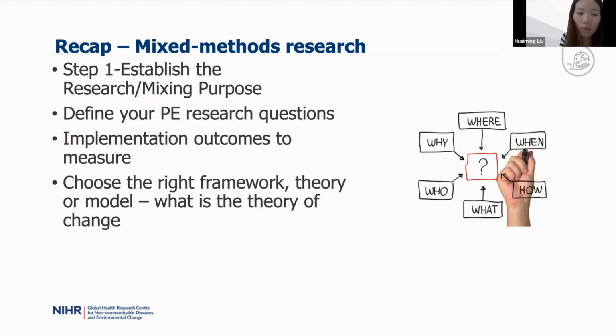You should also consider the implementation outcomes you're going to measure, to explain your process evaluation or to understand the quality of your implementation. It will also help you to better choose the right frameworks, theories, or models that help you to understand what the theory of change is.